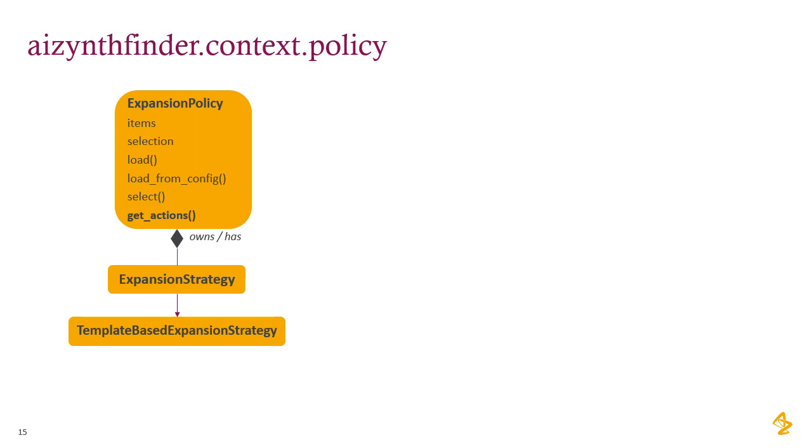And the relationship here between an expansion policy and expansion strategy is "owns" or "has", which is symbolized by this diamond. We will come back to the get actions method, which is the way that the expansion policy is used.